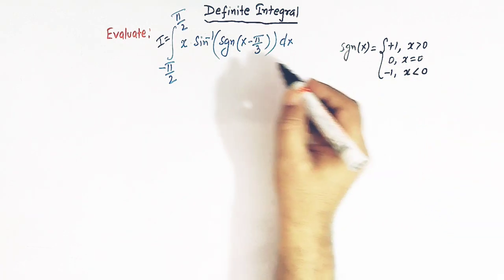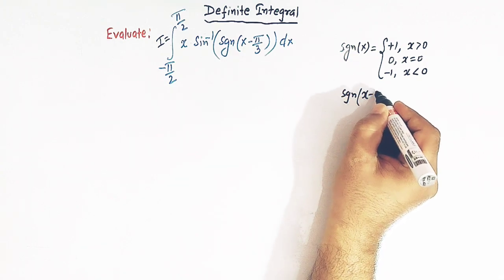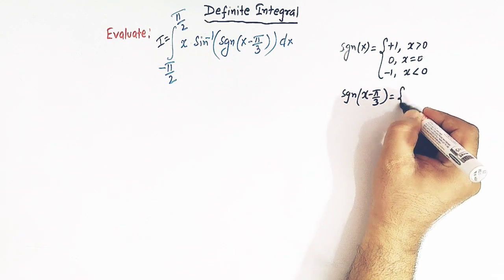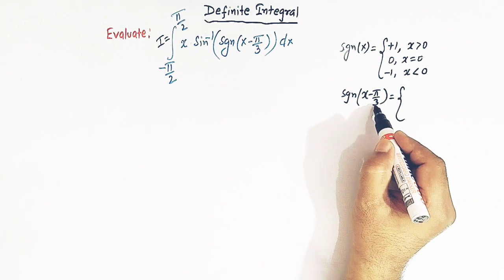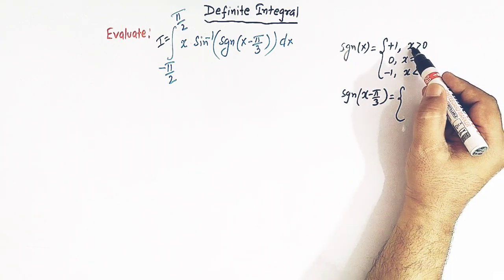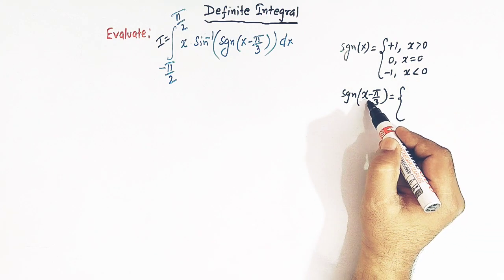Now here we have signum of (x minus pi by 3), so our input is x minus pi by 3. So we'll apply these inequalities and this equality to this input.